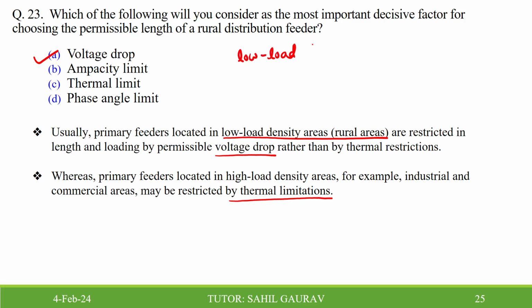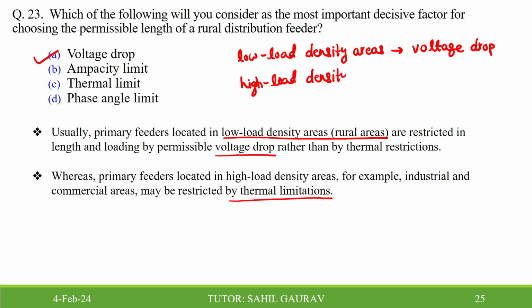So just remember these two points. In low load density areas, that is rural areas, we take care of the voltage drop, while in high load density areas we have to take care of the thermal limitation.